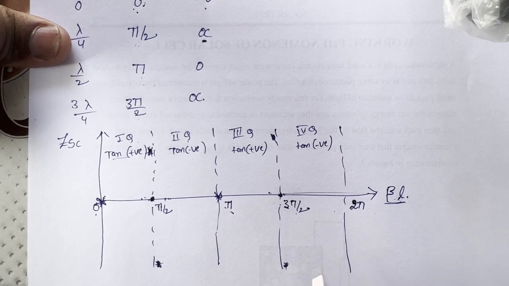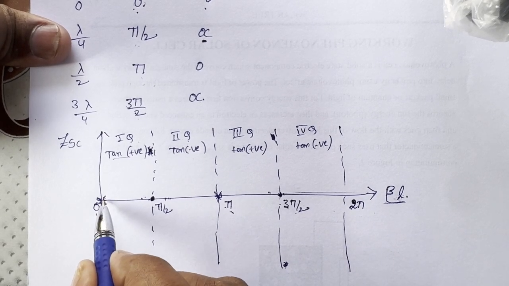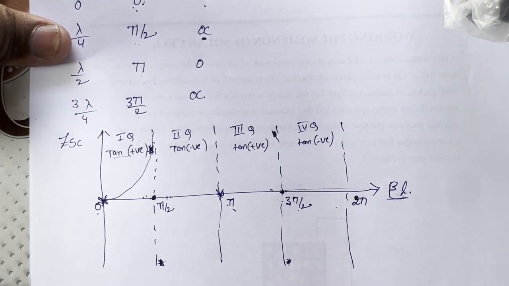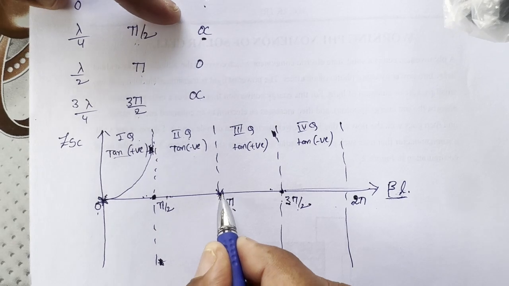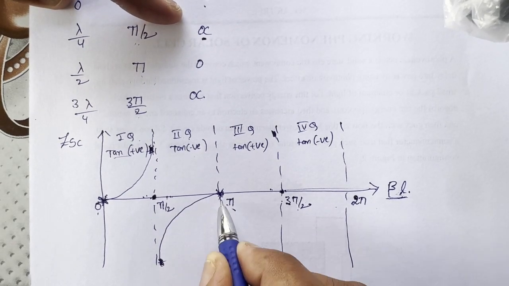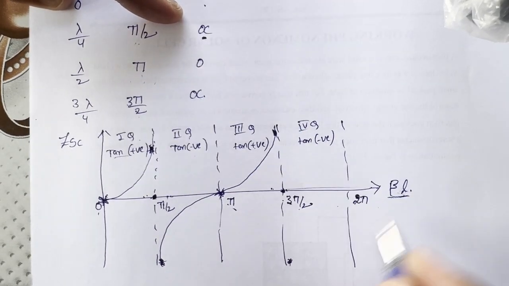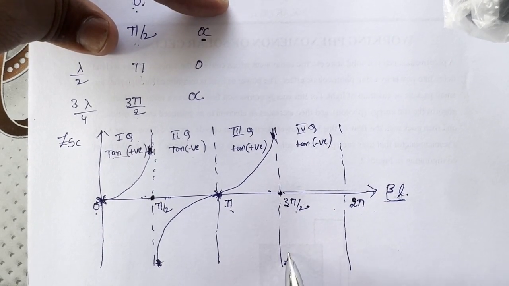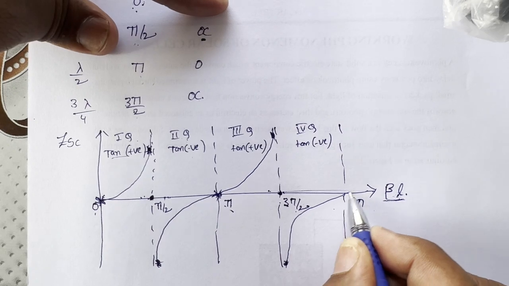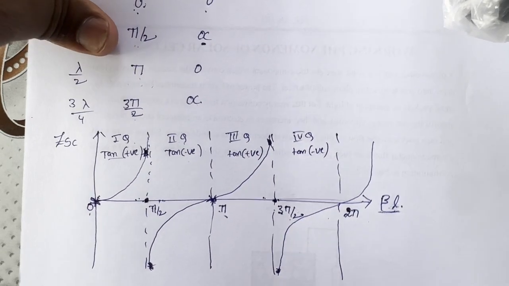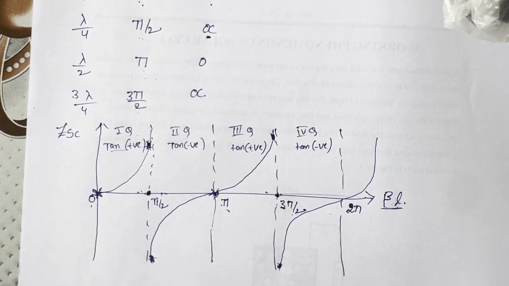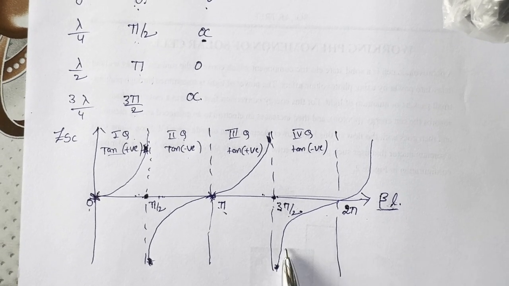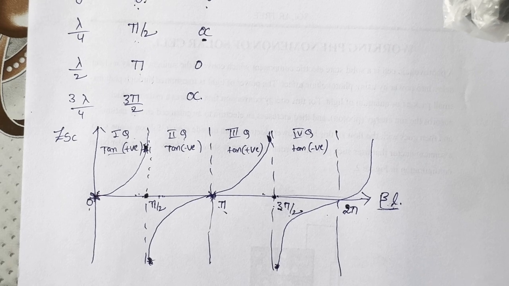So when we plot, it is the first point like this, and second point like this, third point like this. It will repeat like this. These are the waveforms that we get in case of a short-circuited transmission line.